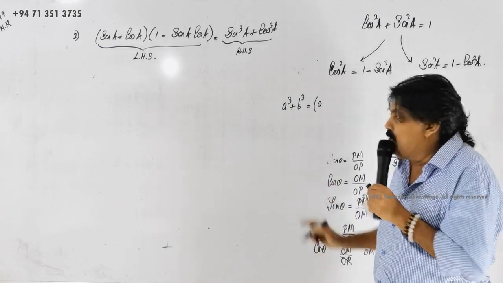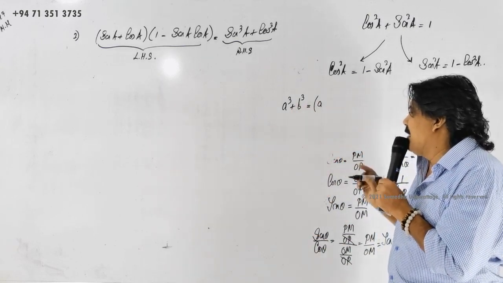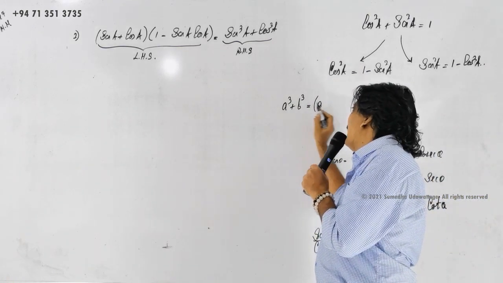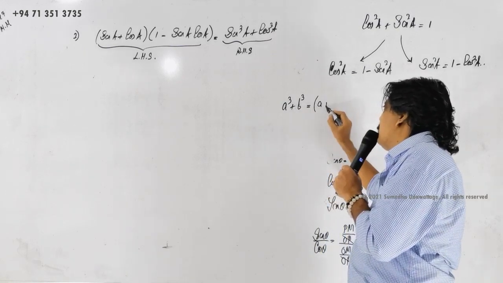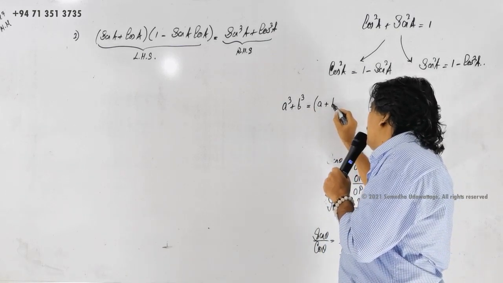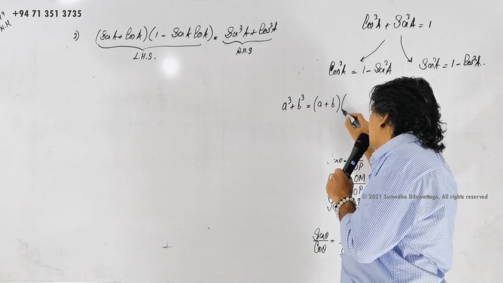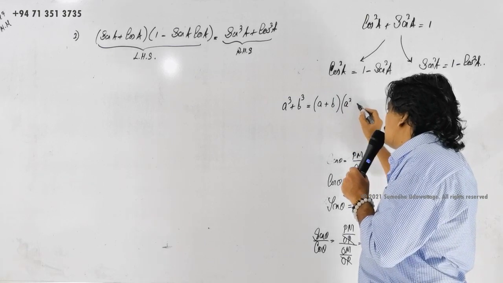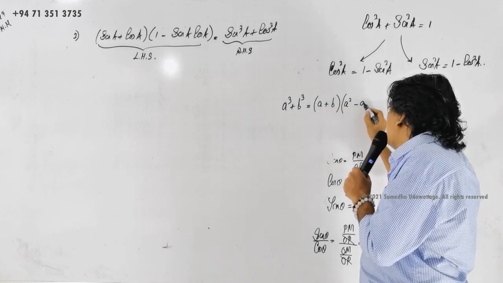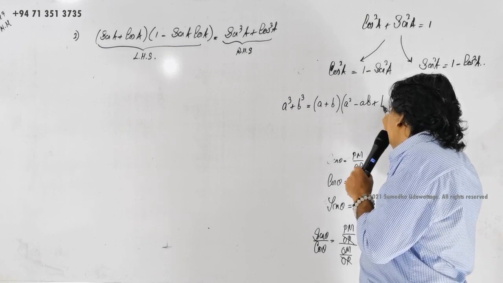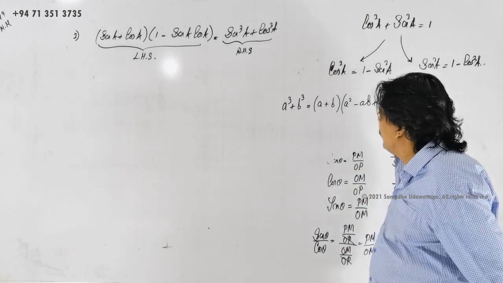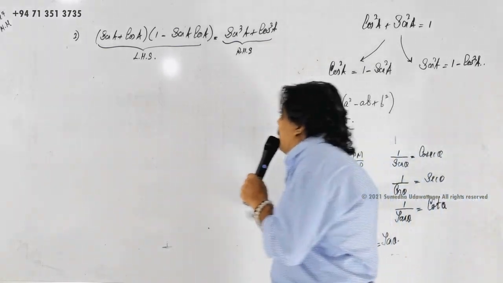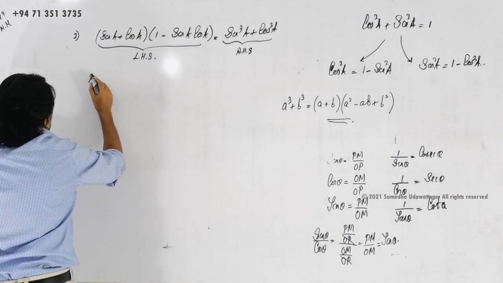A cubed plus B cubed, the factorization comes to, you call them the factors of the sum of two cubes. A cubed, you put A, plus, you put plus, B cubed, you take B. And the second factor is written looking at the first factor: A square, multiply and change the sign, and B square. Keeping this knowledge in your mind, you start from right hand side.